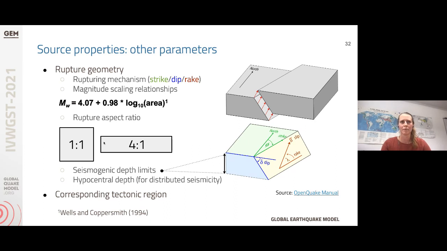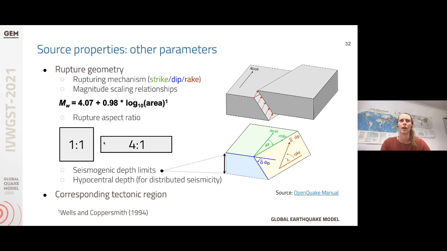So this slide summarizes the remaining properties that need to be assigned to a source in order for it to be complete. The remaining parameters that impact the rupture geometry are the rupturing mechanism, which indicates the strike and dip, so the orientation of the rupture plane in space, and the rake, so the relative motion of the two blocks on either side of the fault.